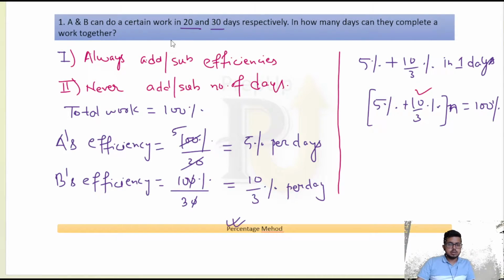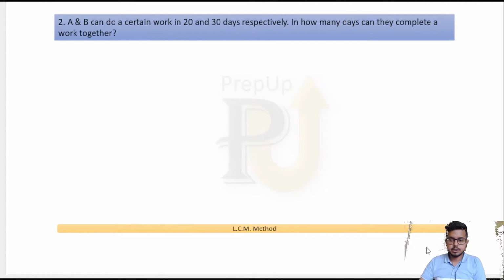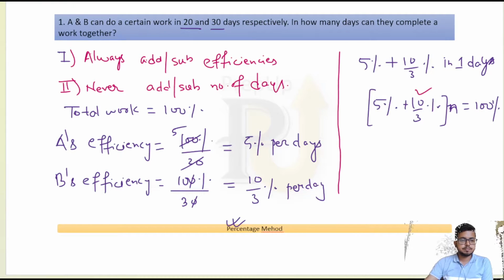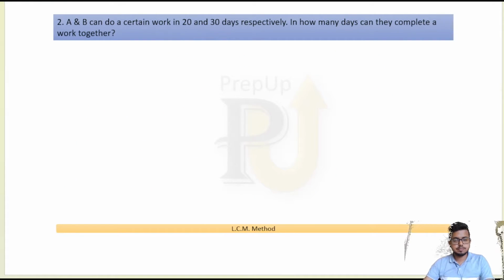Now how to solve this problem? Let us move to the next slide. The second method would be the fractional method, not the LCM method.